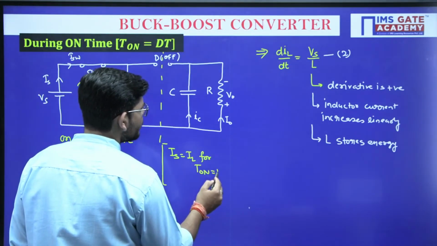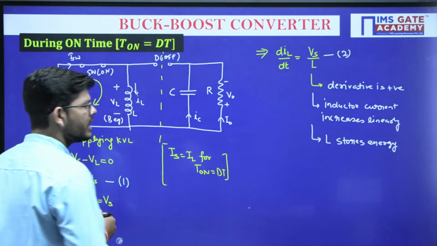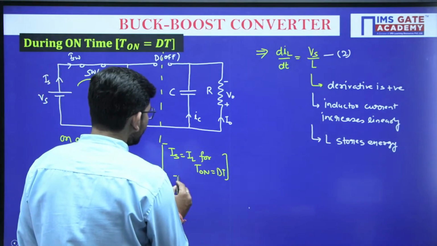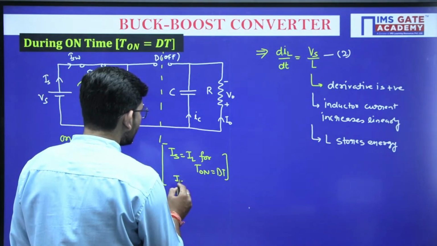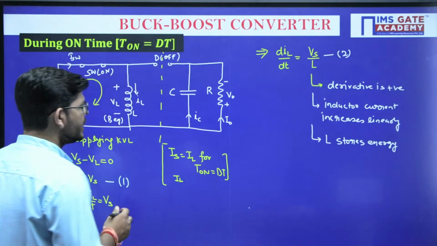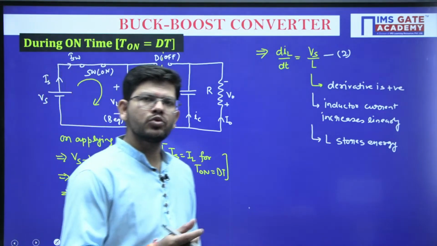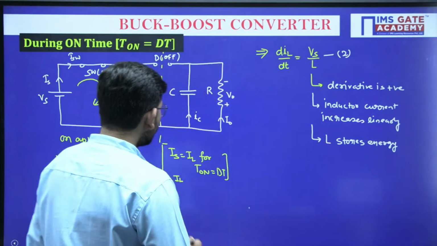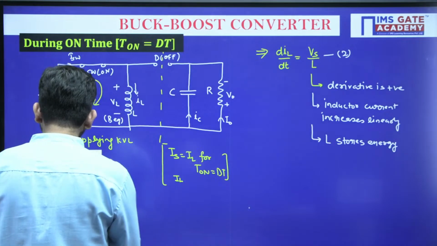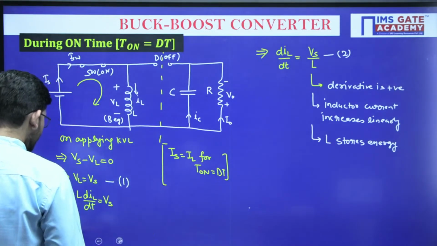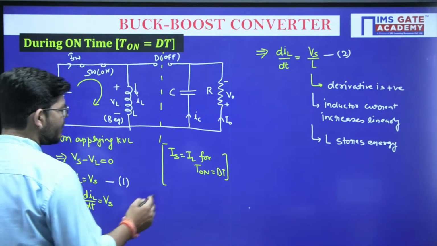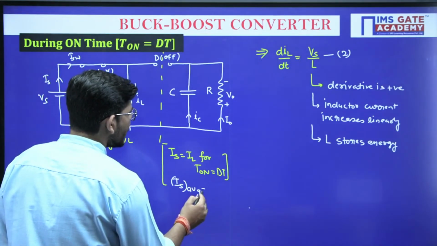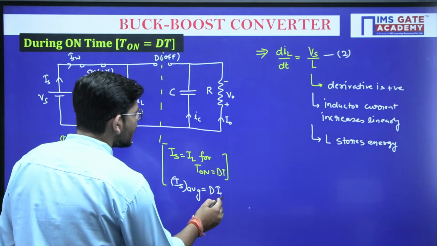During the on time, the source current and inductor current are exactly the same. Inductor current is flowing all the time and source current is flowing only during the on time, and it is the same as the inductor current. So what will be the average value of source current? That will be D times the IL average value.